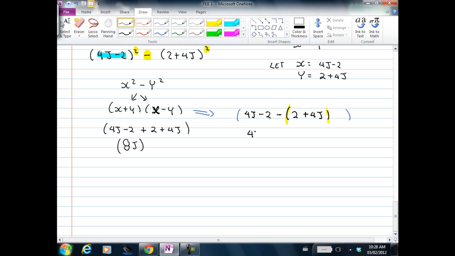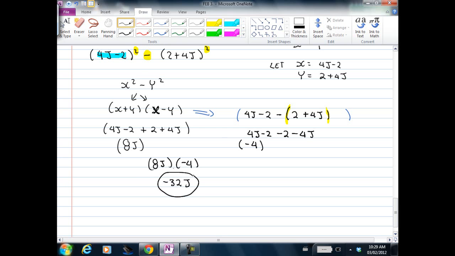So when I do that, watch what happens. 4j minus 2, but this no longer becomes plus 4j. This is minus 4j. Okay? So look at what happens. All the j's canceled out, and we're left with negative 4. So your final answer really is 8j times negative 4. Or if you really want to push it, it becomes negative 32j.